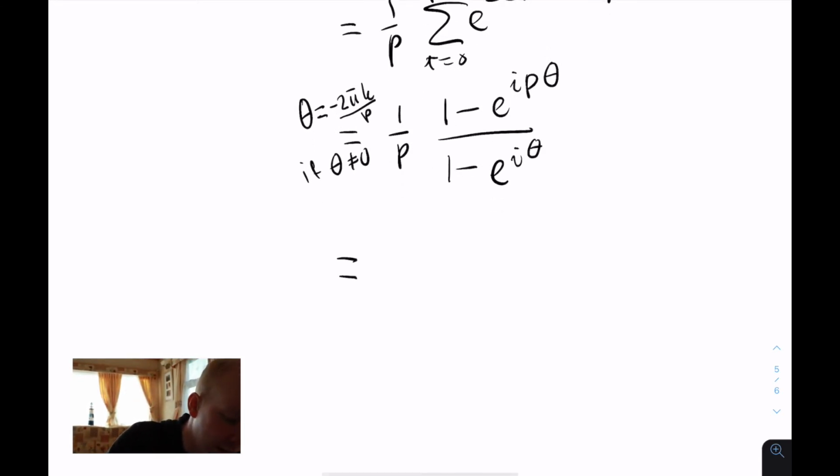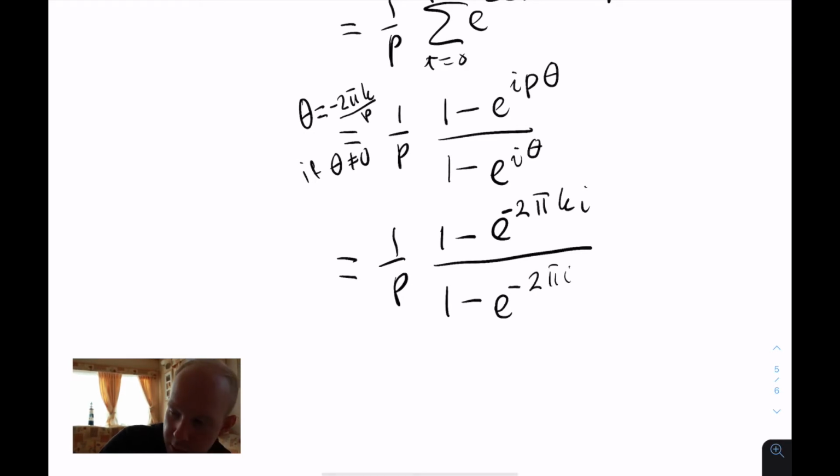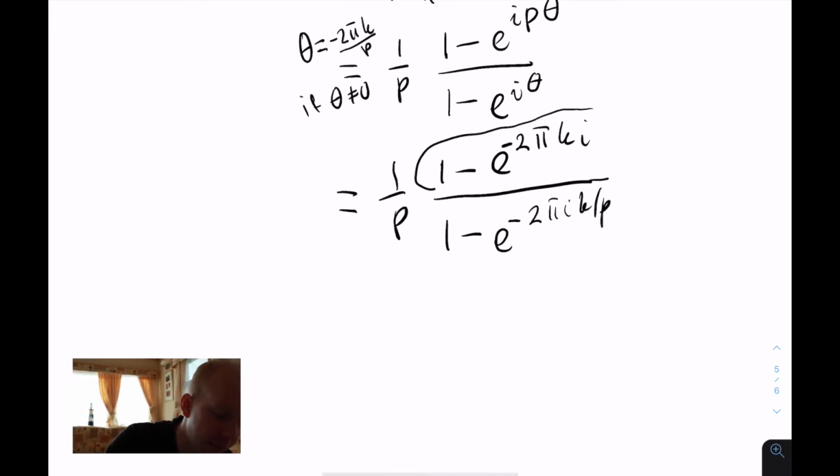But then if you actually open this up, this is 1 over p, 1 minus e to the power minus 2 pi i k, and then 1 minus e to the power minus 2 pi i k over p, because p is multiplied by theta. Then what you have obtained is that this number, 1 minus this, is actually 0.